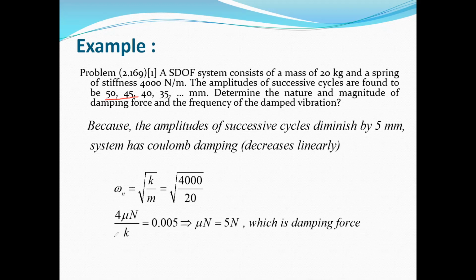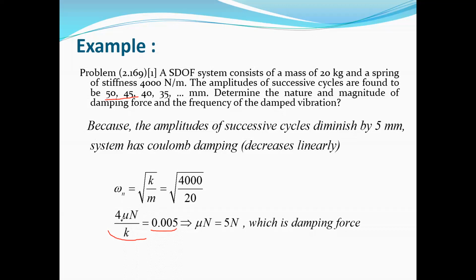So we know that the decrement in each complete cycle for a system with Coulomb damping is equal to 4 times mu N divided by k, and it's equal to 5 millimeters or 0.005 meter.